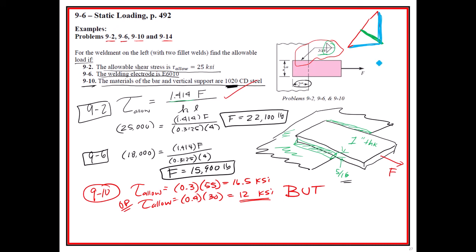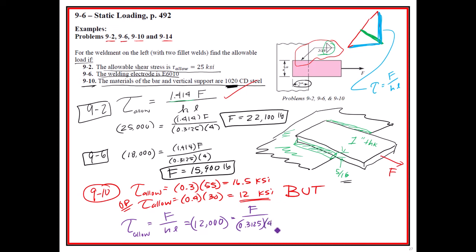So the stress here is going to be tau equal to F over HL. So that 1.414 is not in there. What we would now calculate is tau equal to F over HL, and we'll make that the allowable, so 12,000 is equal to F over 0.3125 times 4, and then F is now equal to 10,600 pounds.